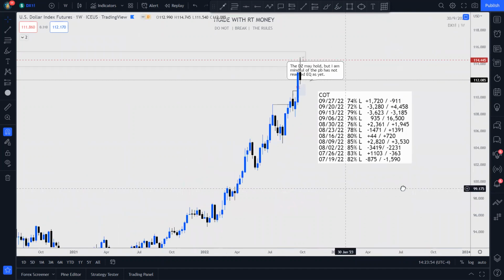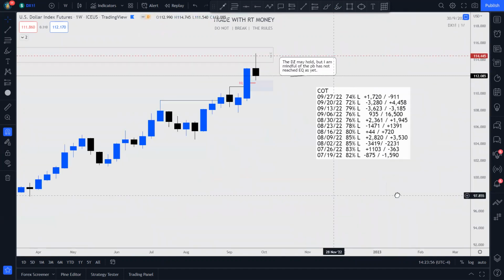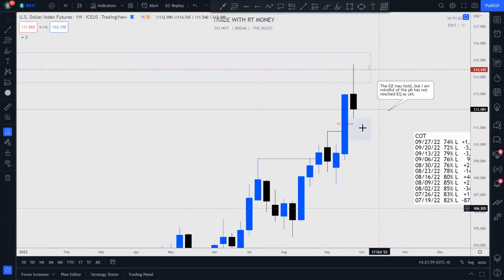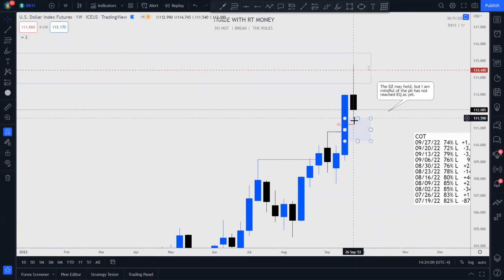If you look at the week that just closed, we closed bearishly after a reaction to the weekly and daily supply zone up there. Price reacted very bearishly from there, and we are in the midst of a pullback. It doesn't mean that we're starting a reversal. It just means after an impulse, we are correcting that impulse.